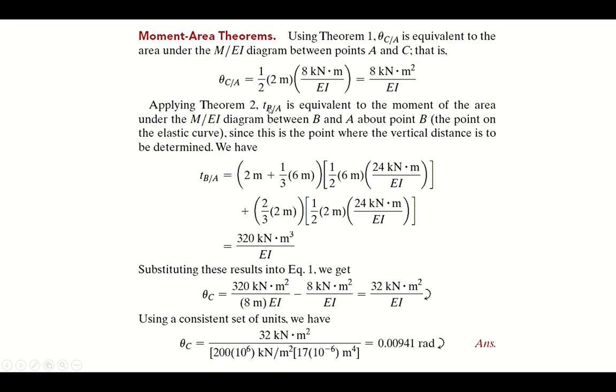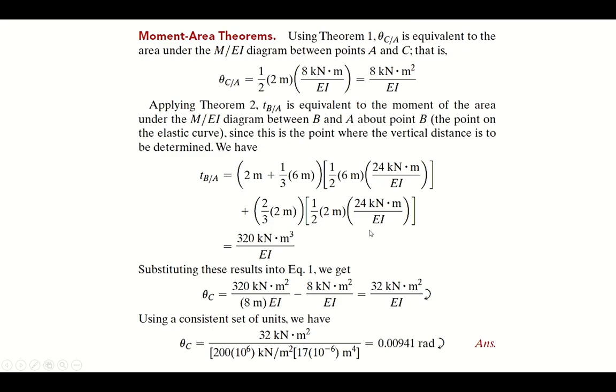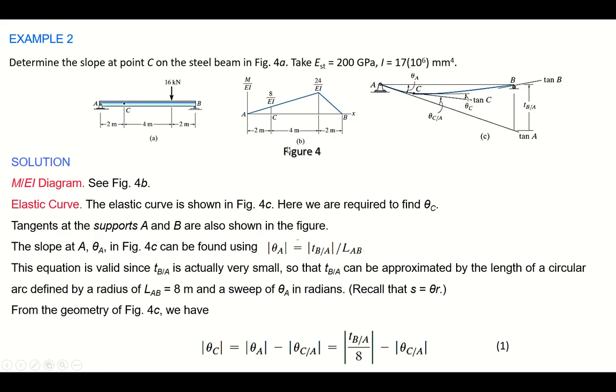So applying second theorem for t B by A, we know that it is equal to the moment of the area. So this is our t B by A, right? And it is equal to the moment of the area. So 2 meter plus 1 by 3 of the 6 meter. This is our 2 meter, right? And this is 1/3 of the 6 meter, since its centroid or the resultant will act at 1/3 from this distance, right?